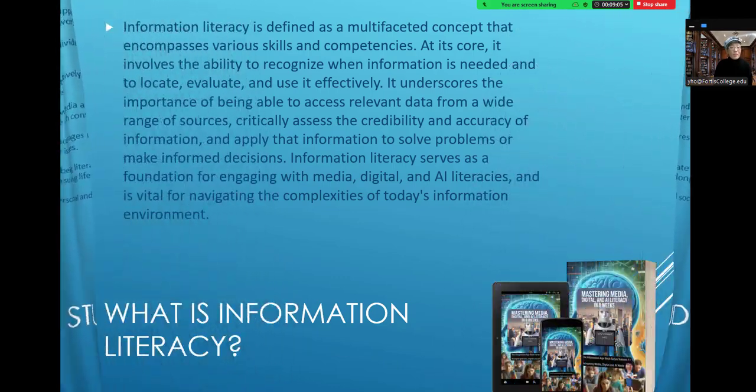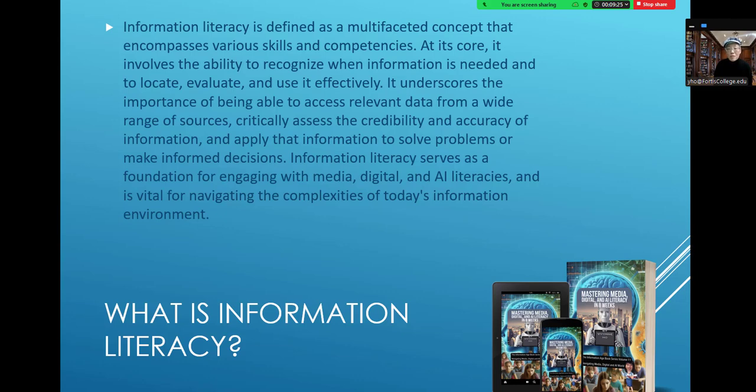Information literacy is defined as a multifaceted concept that encompasses various skills and competencies. At its core, it involves the ability to recognize when information is needed and to locate, evaluate, and use it effectively.